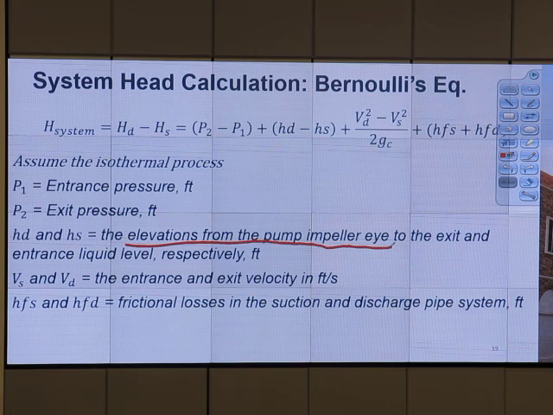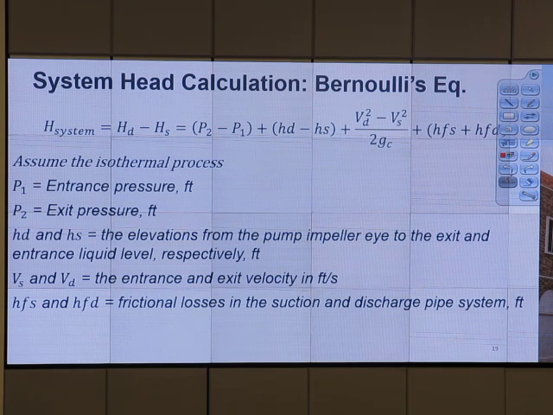The total head that you need from the pump should be enough to raise the pressure from P1 to P2 and to raise the elevation from HS to HD, and should be enough to withstand any frictional pressure loss due to the pipe, and should be enough to accelerate the velocity. So that's how you calculate the overall pressure drop or overall required pressure by your pump. Good? Okay. So there's the head of the system.